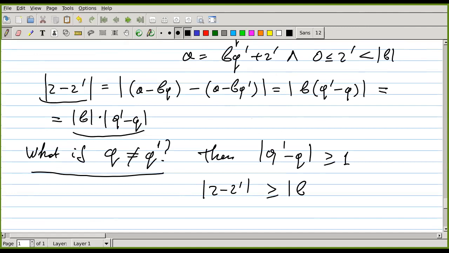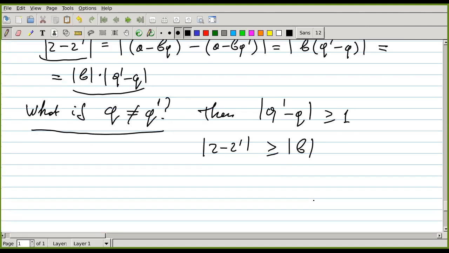It is at least the absolute value of B. Do you agree? Yes. So then R and R prime are not equal, and then without loss of generality, we can assume that R is greater than R prime.